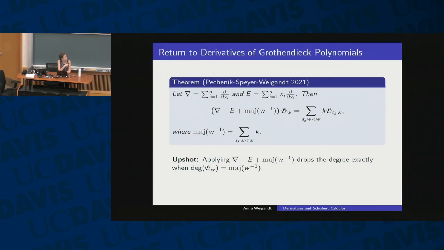On the left-hand side, we'll just have derivatives, which are naturally going to make degrees drop. And that tells us that in this situation, the degree of this Grothendieck polynomial is strictly bigger than the degree of anything that it's covering. So we can extract degree information from this derivative formula. And this led us to start thinking about which permutations have this special property, where the major index of w inverse is equal to the degree of G_w.